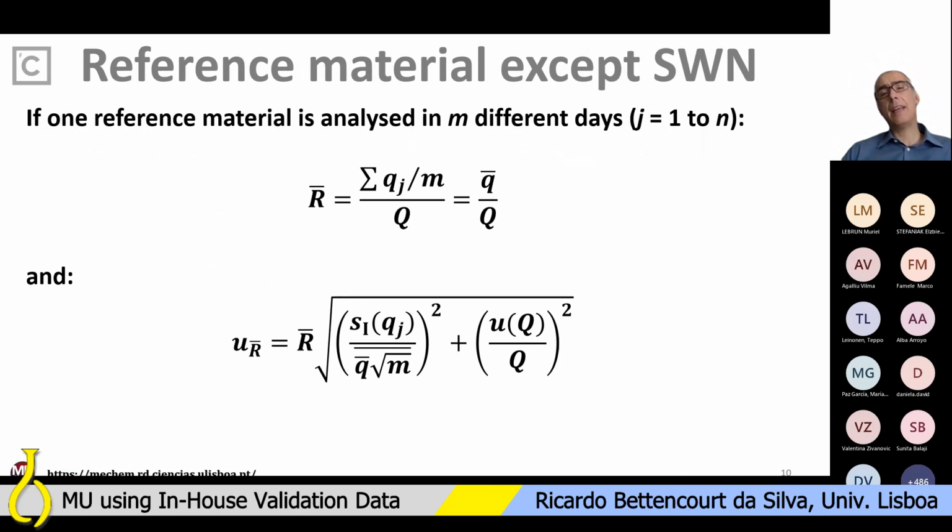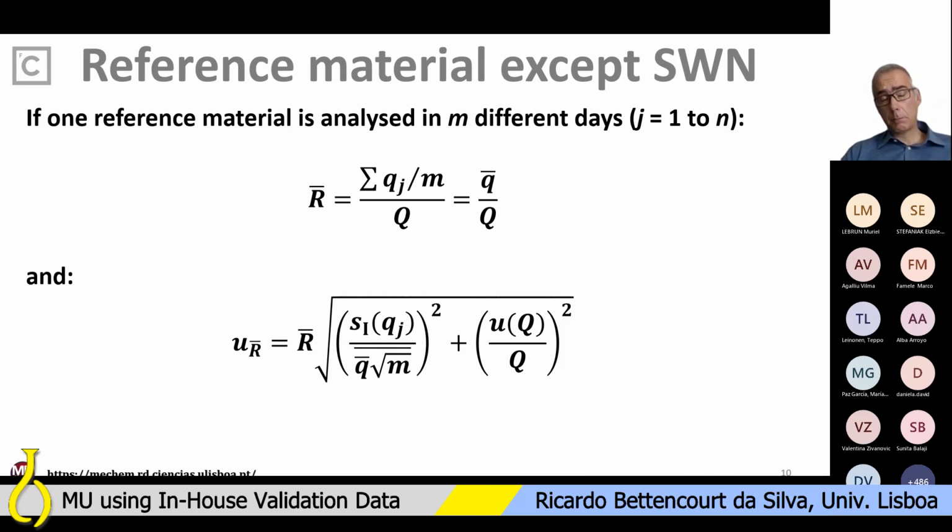Okay, let's start with a first example where we have a reference material that is anything except a spiked sample with native analyte. It can be a certified reference material, a spiked sample, a sample from a proficiency test, and you only have one. Not the ideal scenario, but okay, it can happen.